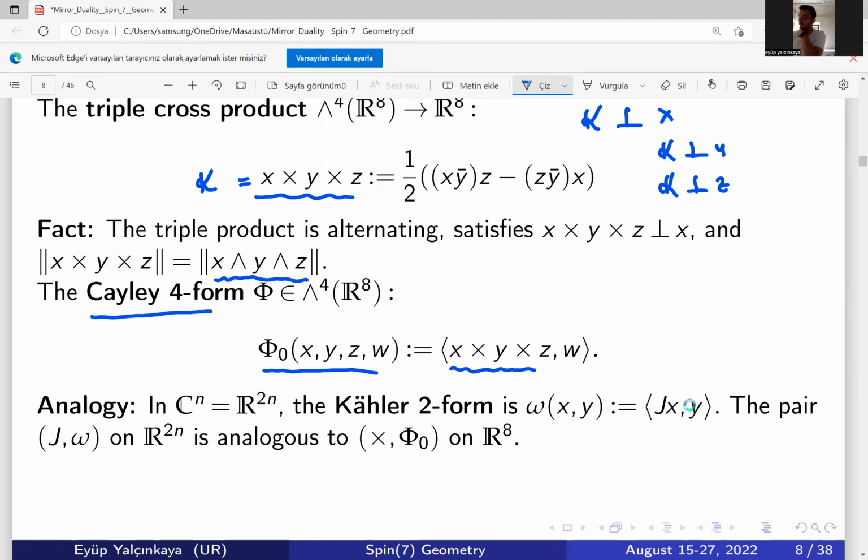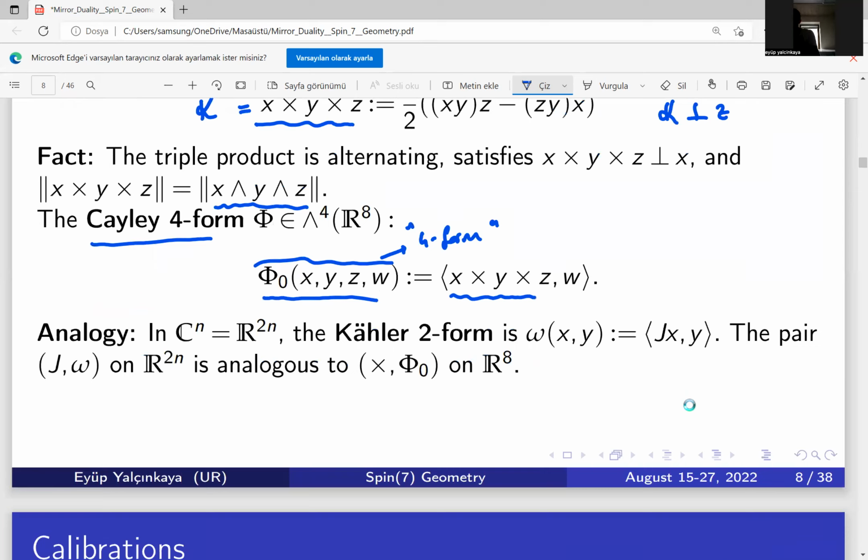So this is a 4-form, and we can write that phi 0 is the Cayley 4-form. This 4-form is very important for constructing Spin(7) geometry. And here you can find an analogy.